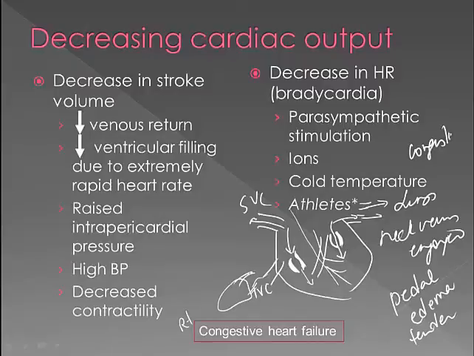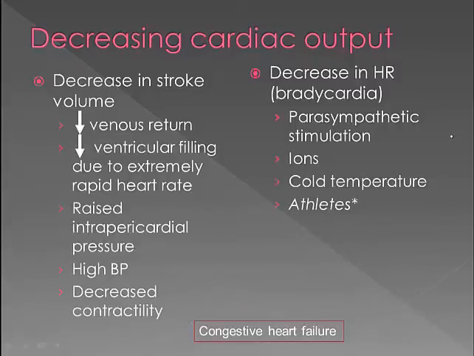Left-sided failure causes congestion in the lungs, and usually these people have breathing problems, because if the lungs are congested, then gas exchange is not able to occur properly. So knowing the cardiac cycle helps you answer questions like this, just based on where blood is going from which chamber to which chamber, and how it exits the heart.